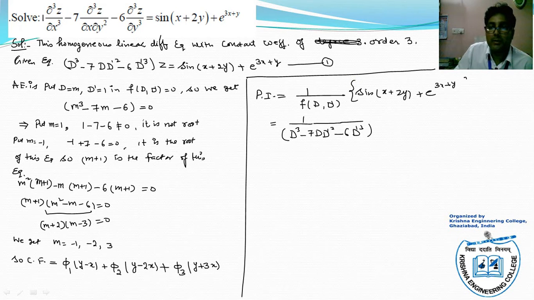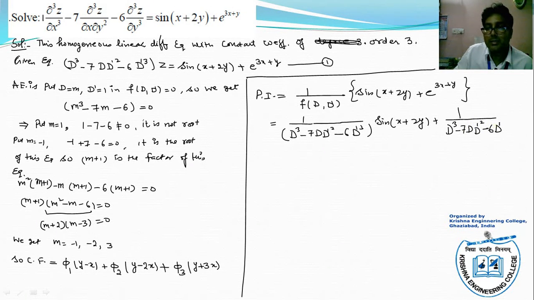This is the complete term. So this is sin(x plus 2y) plus 1 upon D cube minus 7D D dash square minus 6 D dash cube of e to the power 3x plus y.